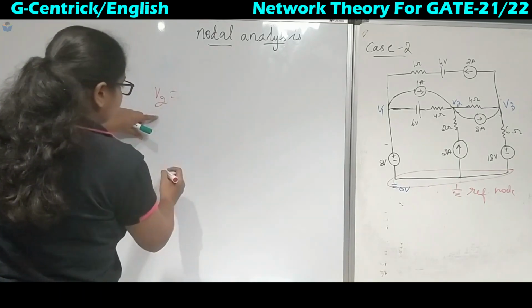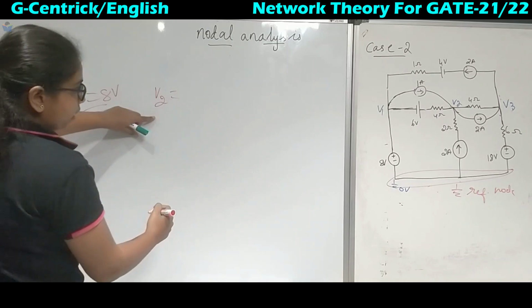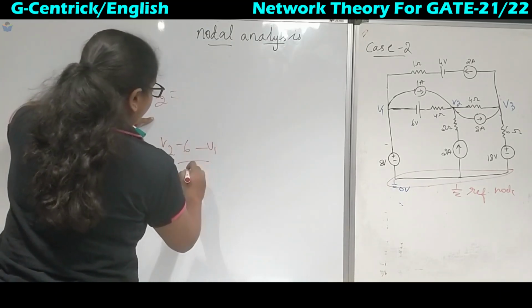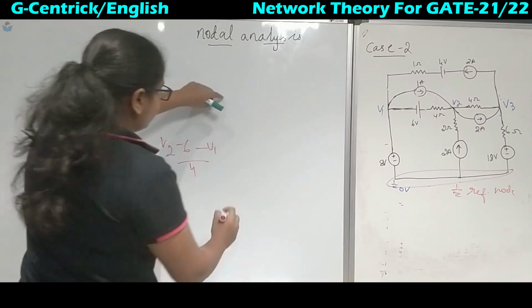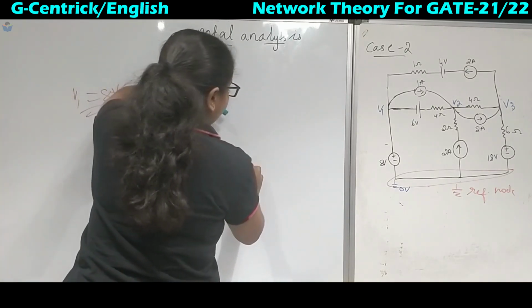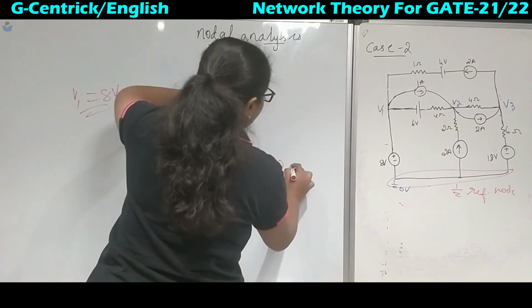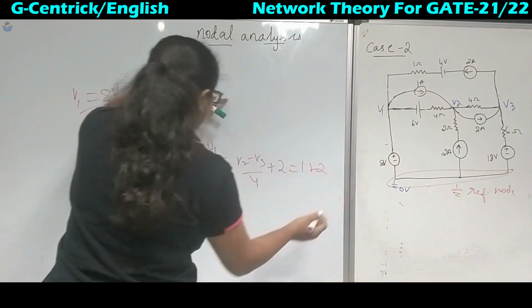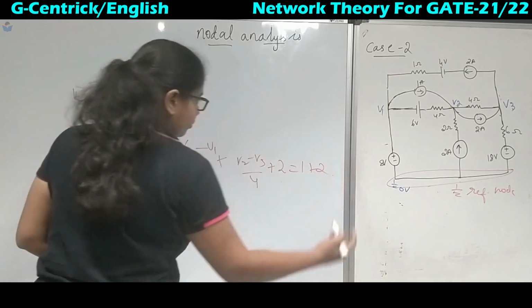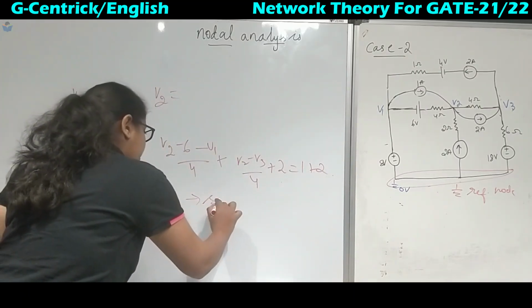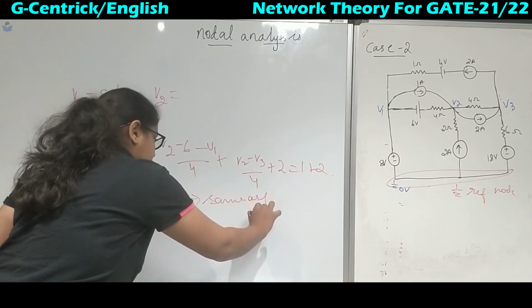Writing the nodal equation for V2, we get (V2 minus 6 minus V1) upon 4 plus (V2 minus V3) upon 4, then plus 2 ampere. So 1, 2, 3, 4 and 5. For V3 it is the same as the previous equation.